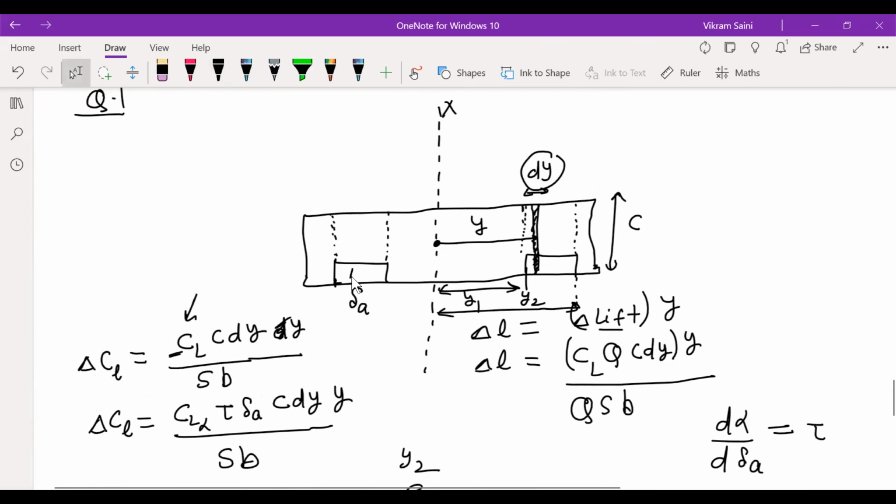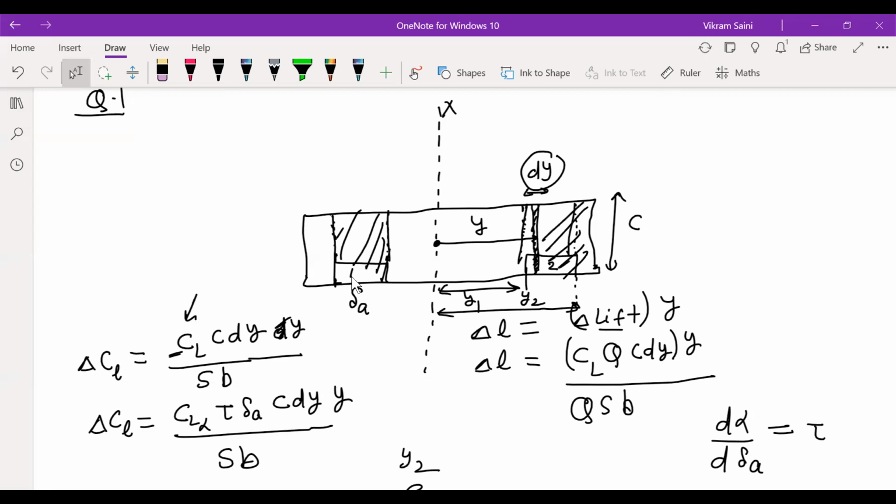This is aileron 1 and this is aileron 2. Now when you deflect the aileron by some angle delta A, the camber on that particular section, this part of the wing here and this part of the wing here, changes, and that produces some extra lift only on this section.